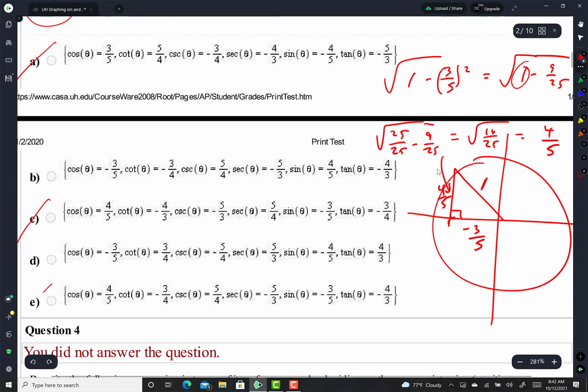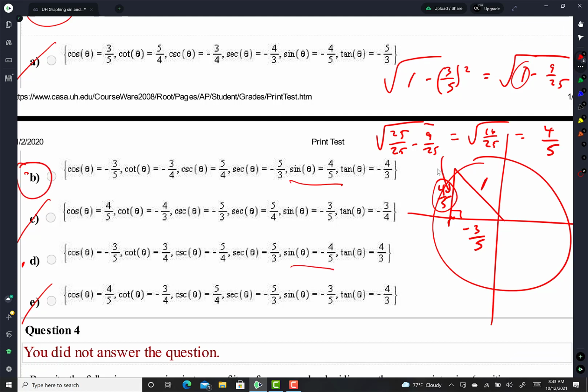It's between B and D. The sine is 4/5, so it's B. Do you see how we did it, guys? You can check all the others. The reciprocal of cosine is secant, so secant should be negative 5/3. The reciprocal of sine is cosecant, so cosecant should be 5/4.